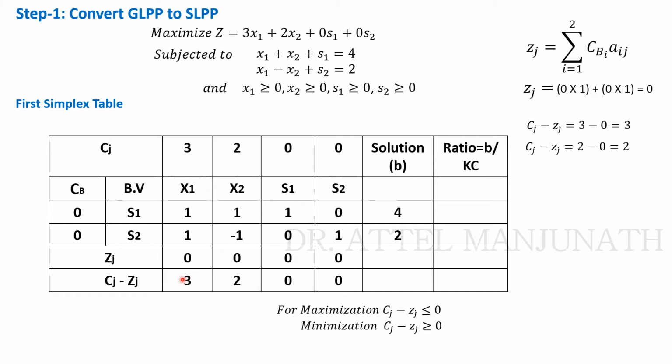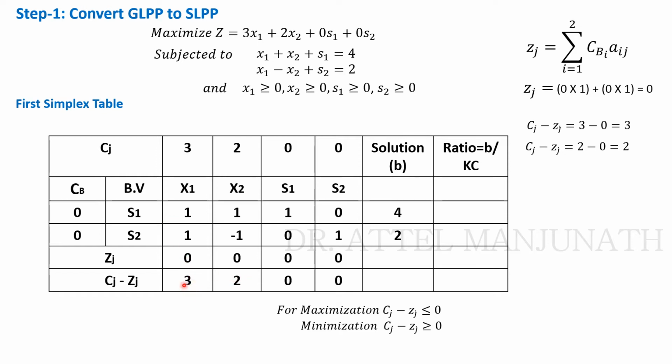Here all the values are not less than or equal to 0. Because of that, if you introduce the variables x1 or x2 with the values given here into the solution, then the respective solution will also increase.